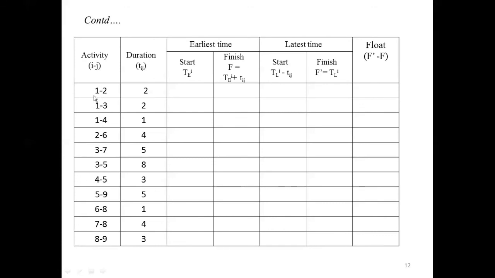The initial node of an activity is 1, so it is 0, and here you write 0, since for activities 1-2, 1-3, 1-4 the initial node is 1, and hence the earliest start time is 0. Then next, for activity 2-6, the initial node is 2.